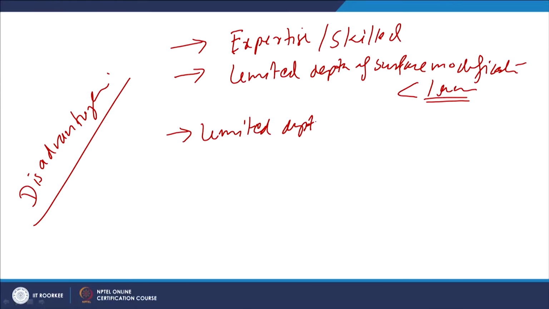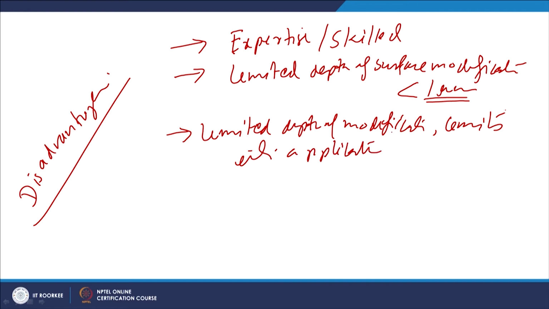So, the limited depth of modification limits its applications, because in all those applications where very high stresses will be acting, a limited depth of surface modification may not be good enough for improving the performance of the component for a longer time. Under those conditions, the ion implantation technique may not be good.